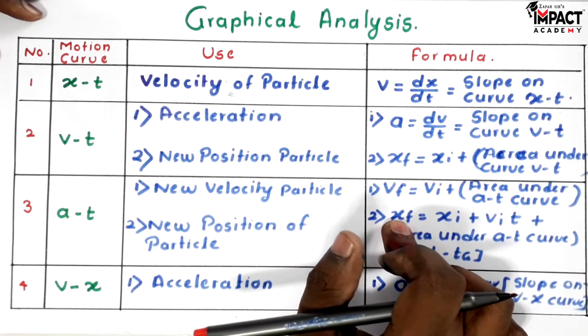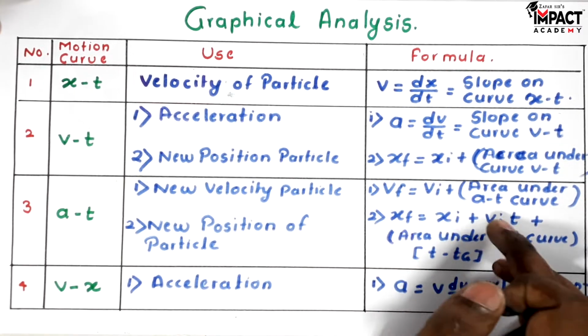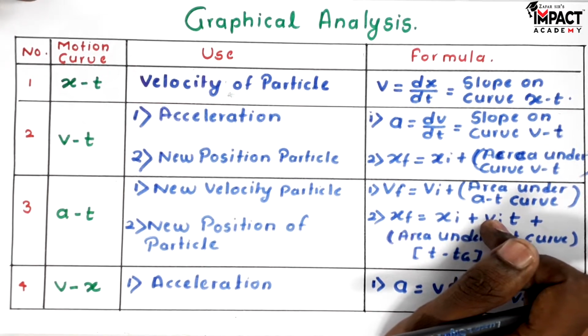Xf is the final position of the particle, Xi is the initial position of the particle, and Vi is the initial velocity of the particle.